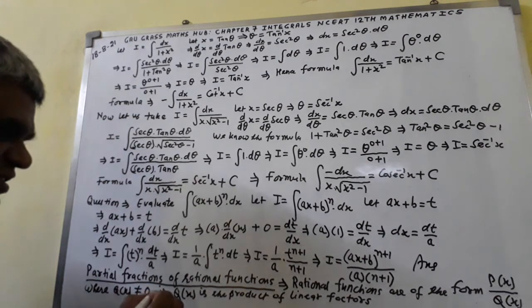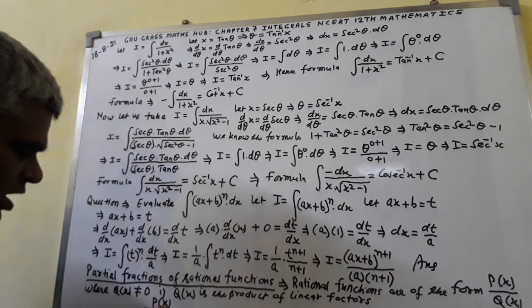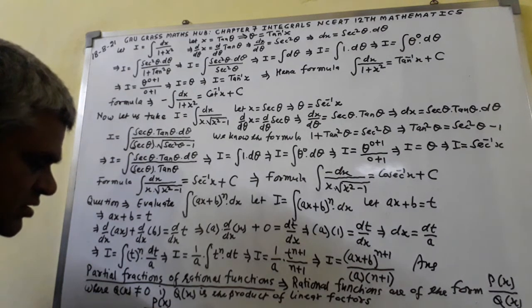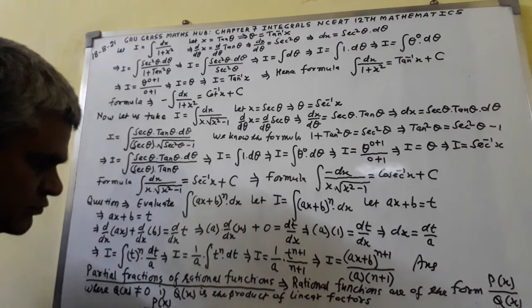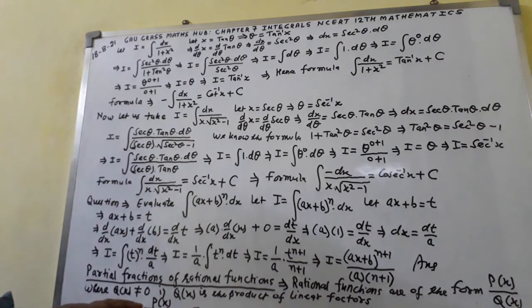So here we shall learn px whole over x plus a. Here x plus a is a linear factor, and dot x plus b, equal to px over x plus a dot x plus b.